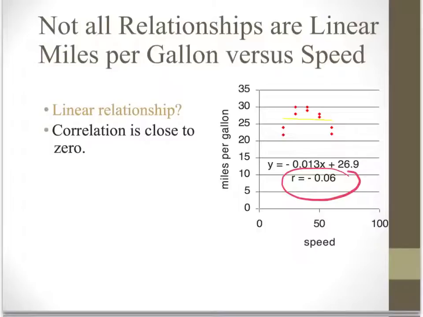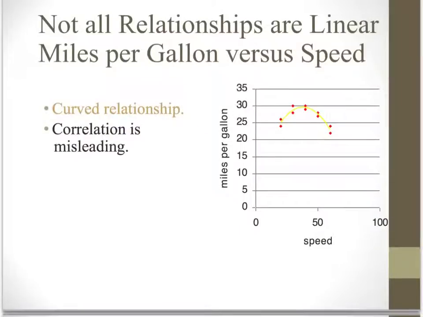So you would look at that and say, is there any linear relationship there? No, there isn't. It's actually a curved relationship. So when you don't have a linear relationship, the correlation is going to be misleading. So you want to do a scatter plot first to make sure that there is some kind of linear relationship and not a different form of relationship going on.